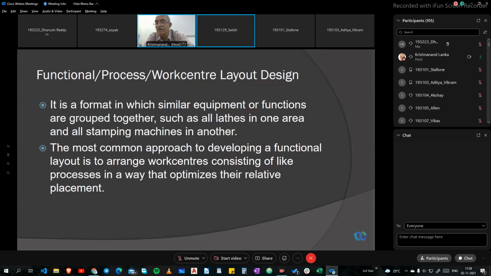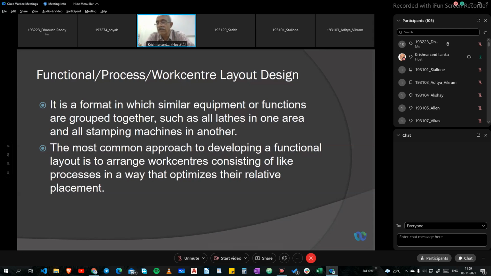I'm not talking about the workshop itself. Even the institute itself is a production system. NIT Warangal is also a production system. Under what category does NIT Warangal come? Service, right? So what are the products here? Knowledge, students. If you go to get food, you go to the hostels.